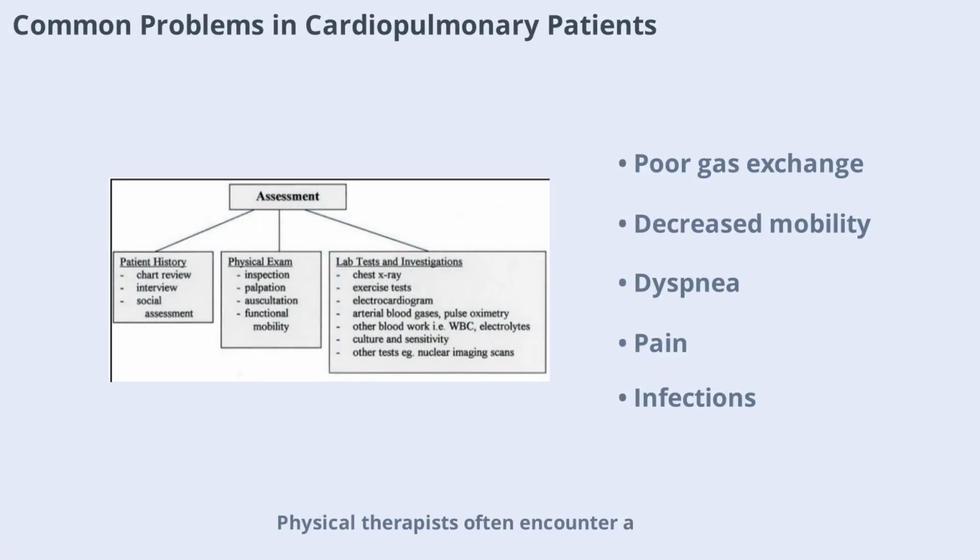Physical therapists often encounter a range of problems in cardiopulmonary patients. These include poor gas exchange, desaturation with exercise, poor cardiovascular function, myocardial ischemia, decreased cardiac output, pain, decreased mobility, poor exercise tolerance, retained secretions, recurrent infections, dyspnea, increased work of breathing, deep vein thrombosis, altered cognitive status, poor posture, decreased range of motion, poor nutrition, and decreased sense of well-being.